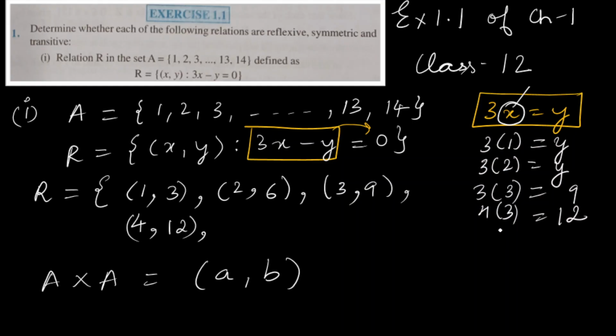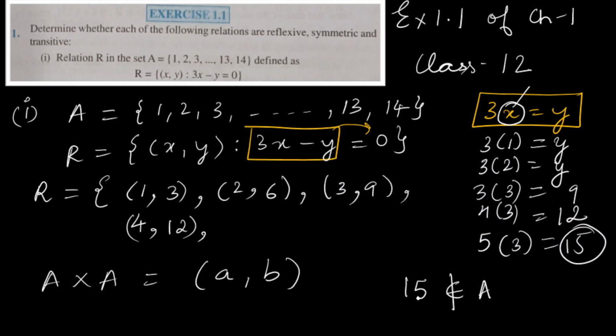With 5, 5 into 3 is 15. See, 15 doesn't belong to this set, because the set has elements only till 14.